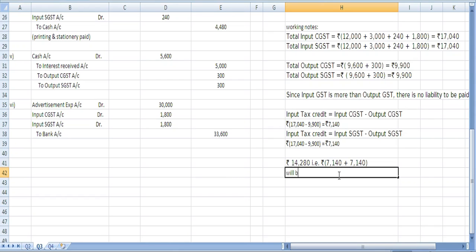It will be carried forward and will be adjusted in the next month and shown on the asset side of the balance sheet.